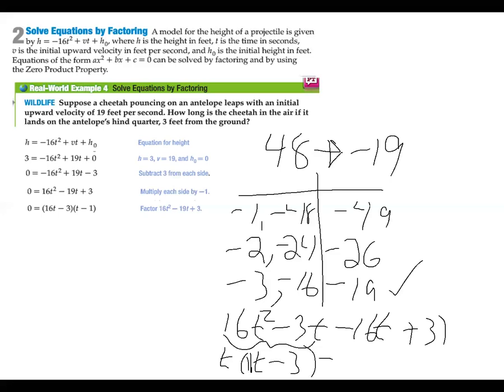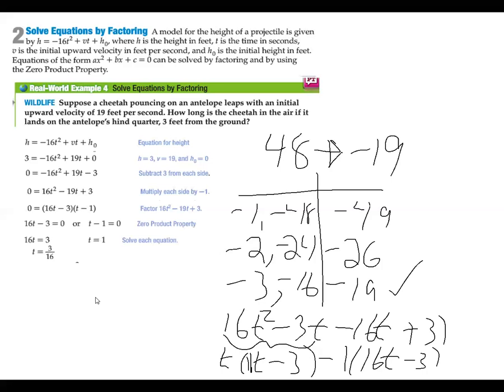Here you factor out a -1, and you get 16t minus 3. So your factors are 16t minus 3 and t minus 1. Now using the zero product property, you set each of those equal to 0 and solve for t. This one you just add 1 to both sides, you get t equals 1. And here you get t equals 3/16.